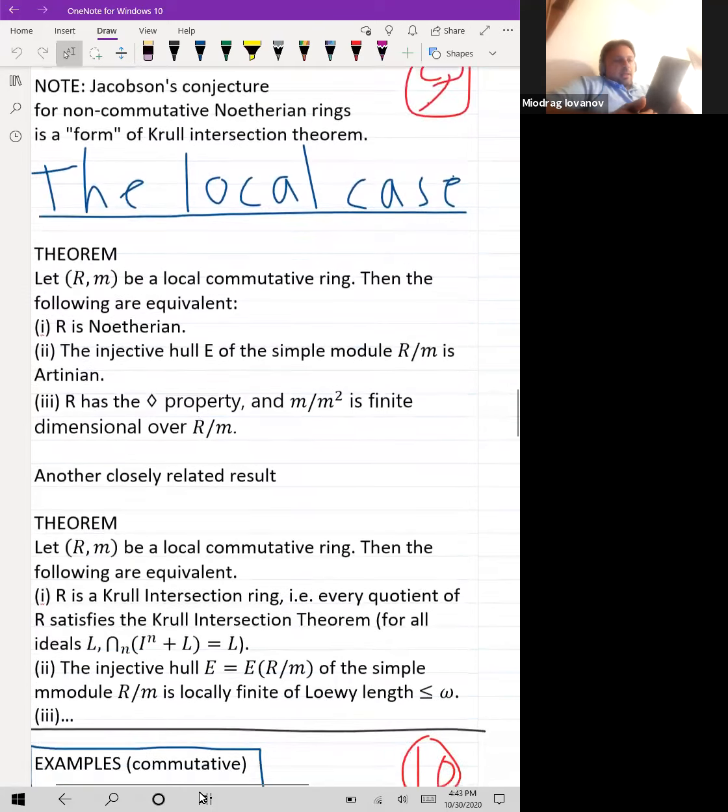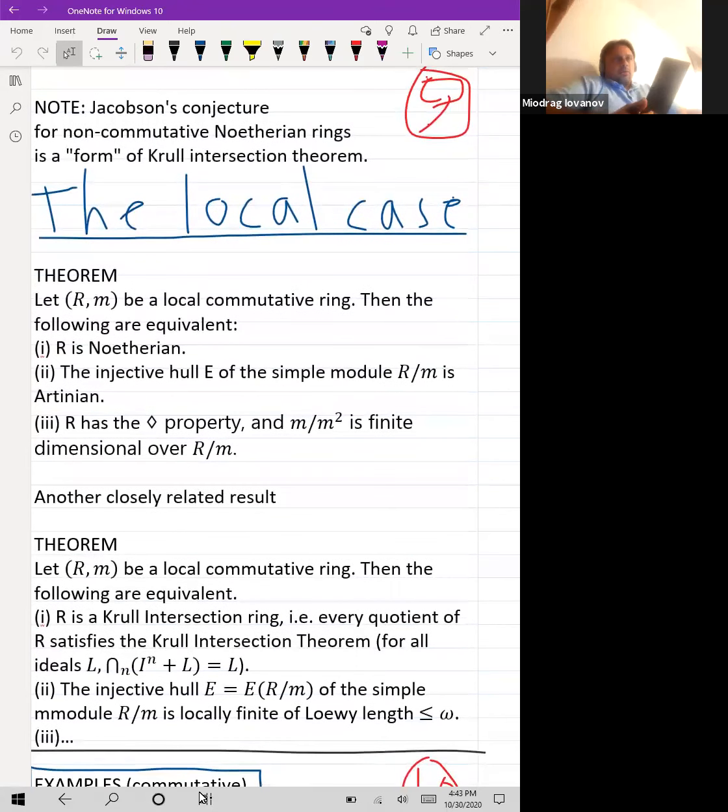as always in any situation, you want to know at least whether there is some characterization for the local case. Can you characterize when a local ring has the diamond property? And so here are the equivalent statements.